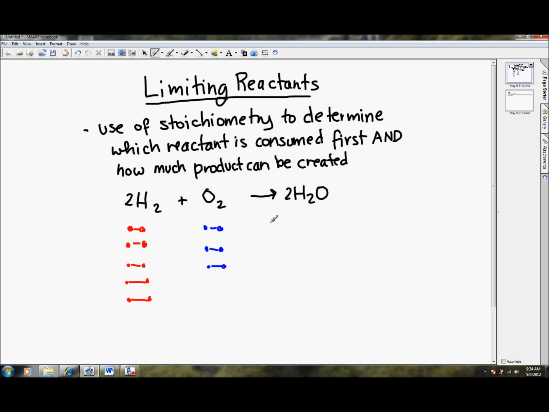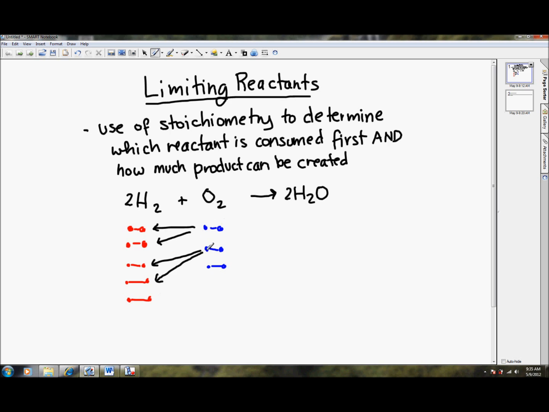So you can tell yourself, well, for every one of these we're going to need 2 of these. So this one would react with these 2, and this one would react with these 2, and then you'd have a problem because this one would need 2 more. So at this point, you can tell what gets used up first.